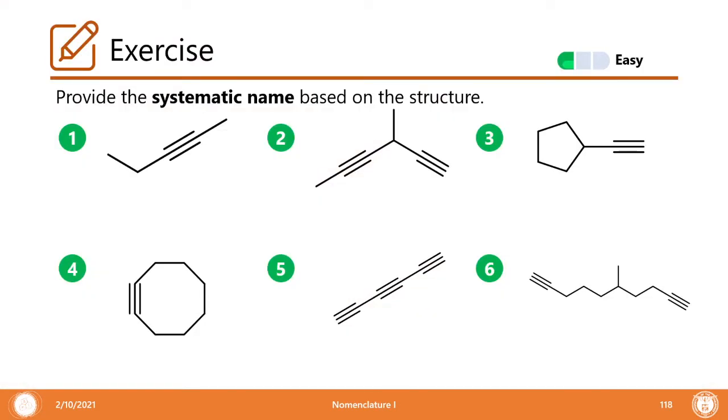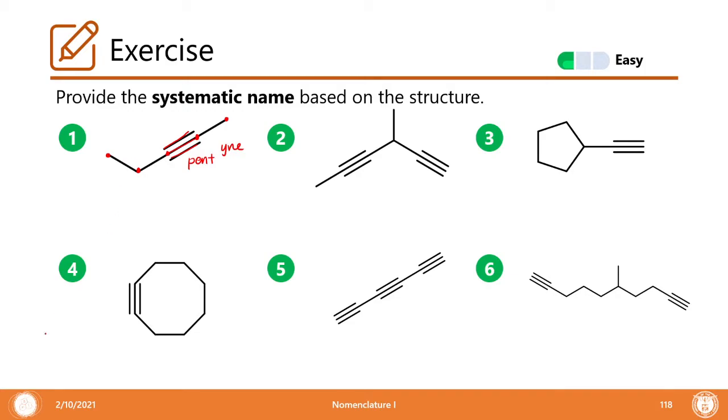So let's try some exercises. Provide a systematic name based on the structure. Okay, so here we have an alkyne, and then we connect all the carbons. I usually draw a dot here so I don't forget that there's a carbon at the end of the triple bond. So 1, 2, 3, 4, and 5. That's 5, pent.